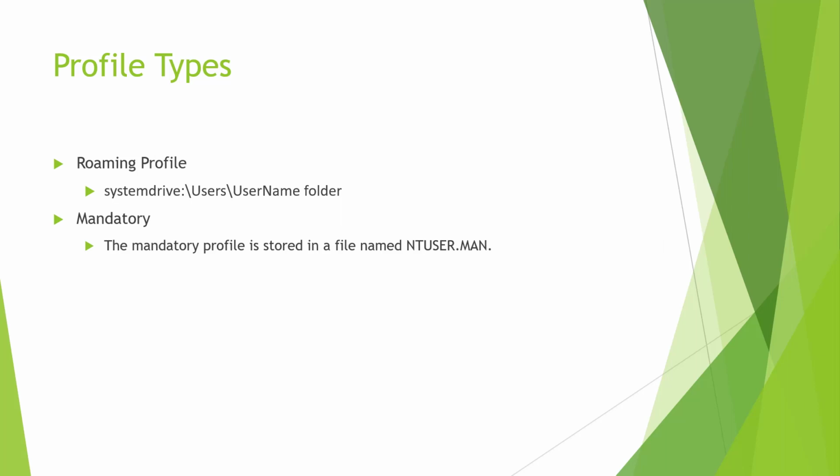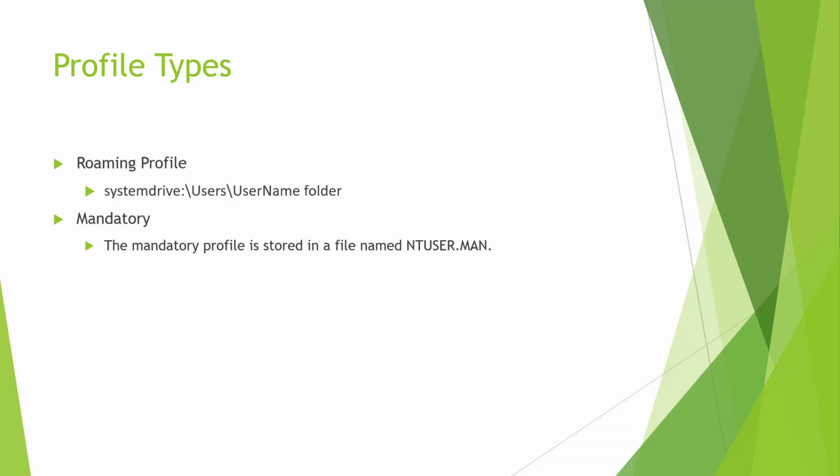If you want to enforce a mandatory profile, a mandatory profile basically is the user cannot change the way certain things are. When they log off and log back on, the ntuser.dat file doesn't get modified or doesn't get changed.